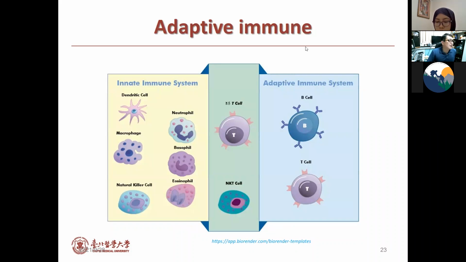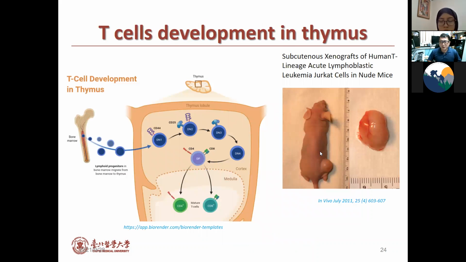So we finished innate immunity, right? I showed you different weapons, different subsets of leukocytes. Now we are going to go over another type of cells, we call them adaptive immunocytes, including B cells and T cells. I might go through too fast. It's okay.